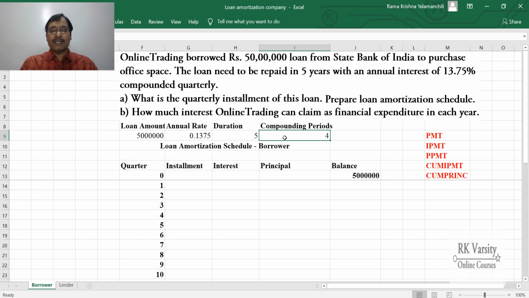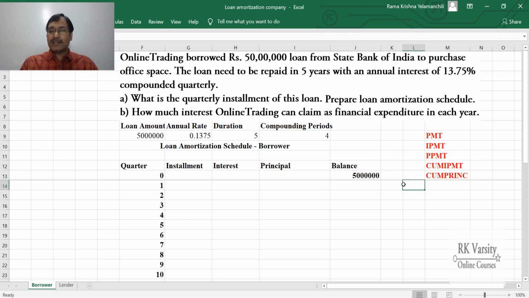That means quarterly payments. From this, you need to calculate the quarterly installment amount, how much the company pays as an installment in each quarter. Then prepare a loan amortization schedule. And third, how much interest Online Trading claims as a financial expenditure in each year. So what is the cumulative interest amount paid in each year?